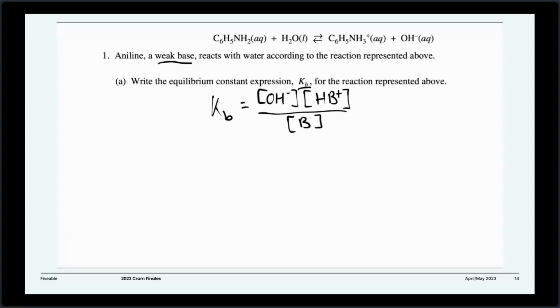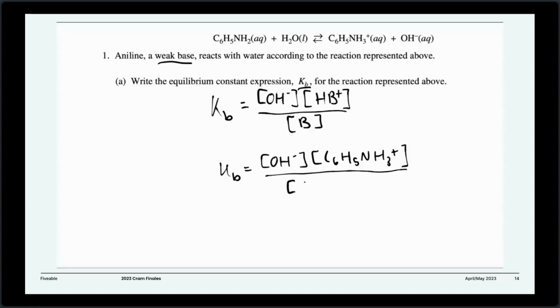If we look at the reaction above, we can already write our equilibrium constant by just looking at the formula. We have OH minus on the product side multiplied by C6H5NH3 plus, and we divide that by our aniline, which is C6H5NH2.